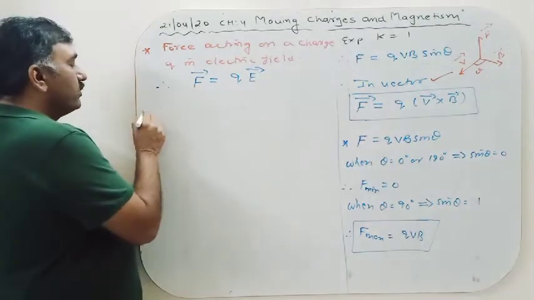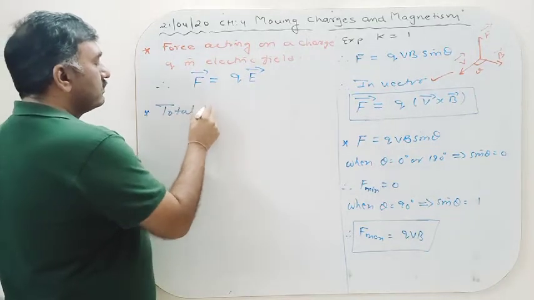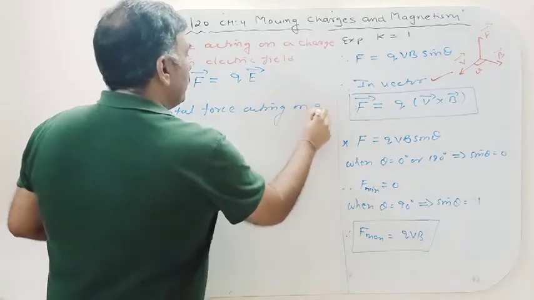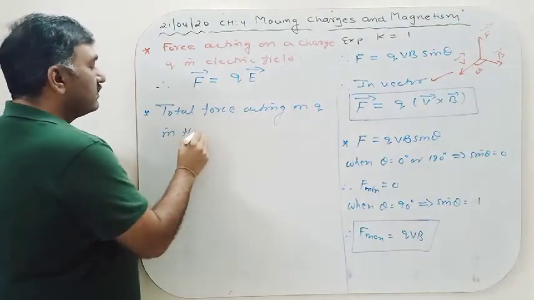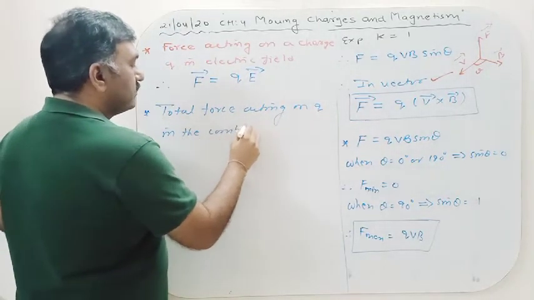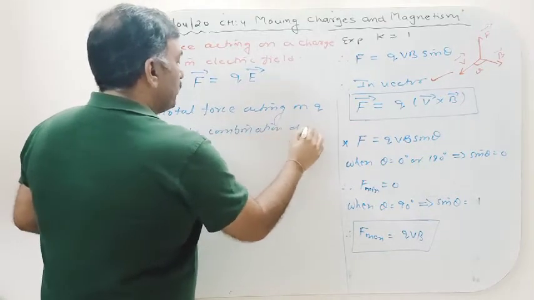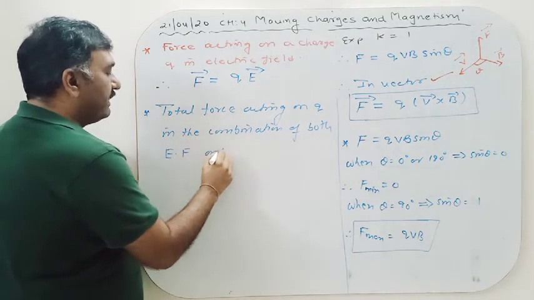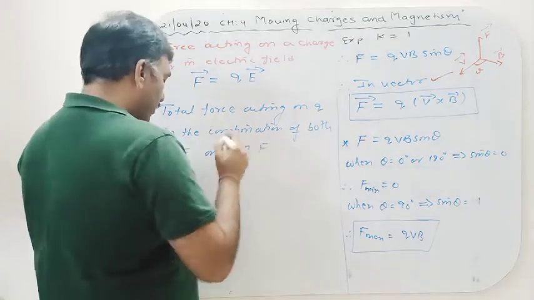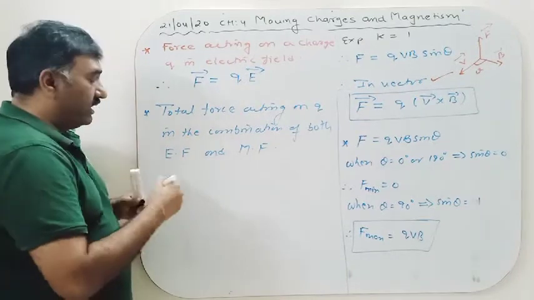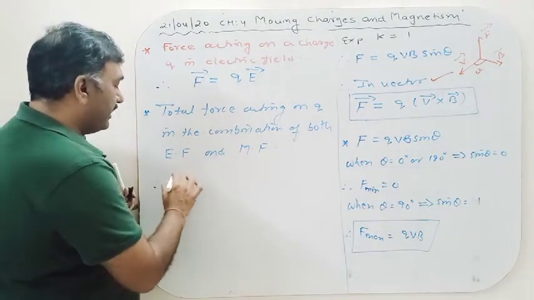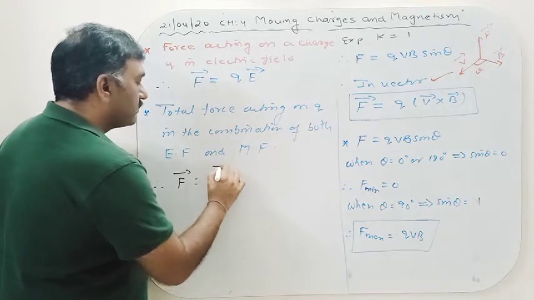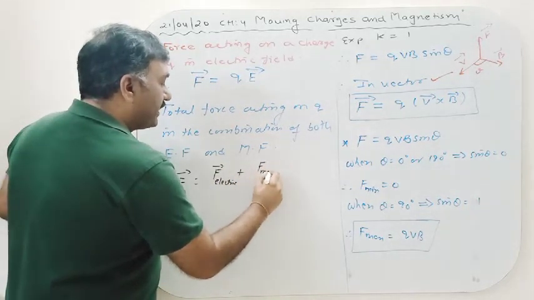So what is the total force acting on Q in the presence of both electric field and magnetic field? It is given by F electric plus F magnetic.